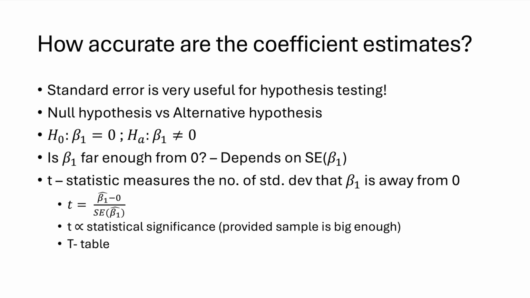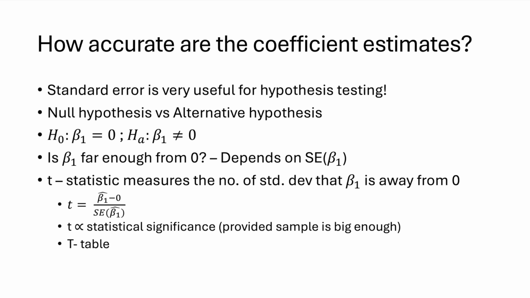You can get the equation here, but it's basically t equals the slope minus 0 divided by the standard error of beta 1, and what it measures is how many standard deviations the slope is away from 0. So a larger t statistic indicates a higher likelihood that the slope is significantly different from 0, because it's more away from 0.